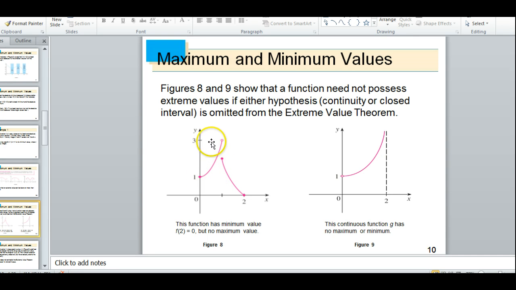You want to say that 3 is the maximum value for this function, but it wouldn't be true, because here we have an open circle, which means that out of all the points you see being part of the function f, this one is not part of f. So 3 is not the largest y value on this function.